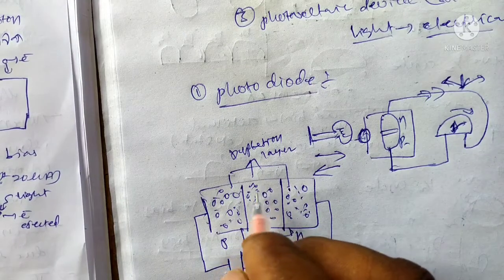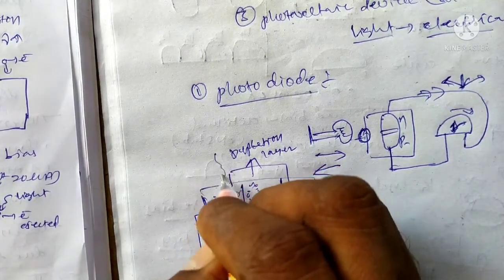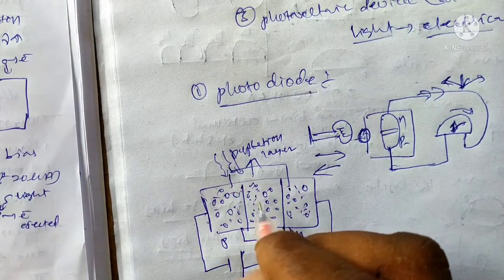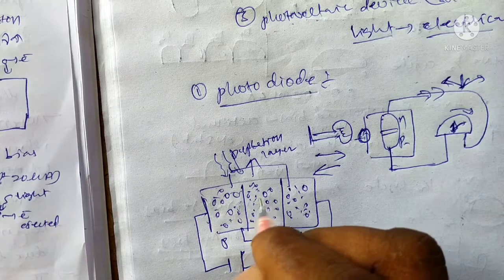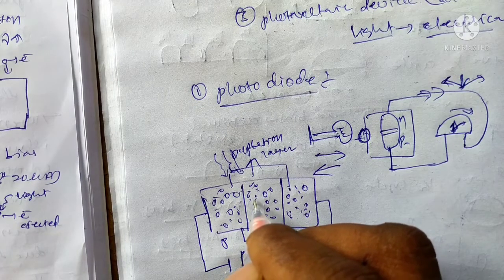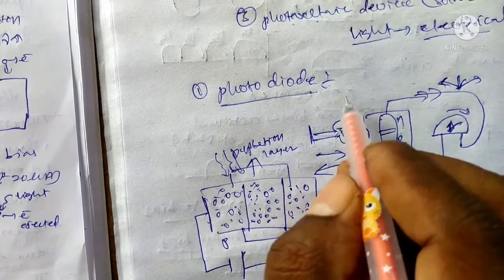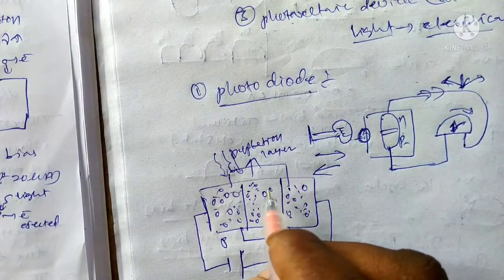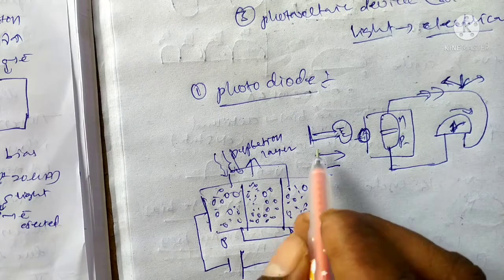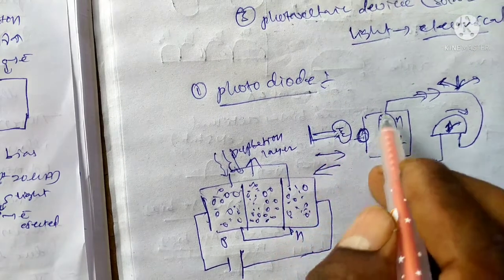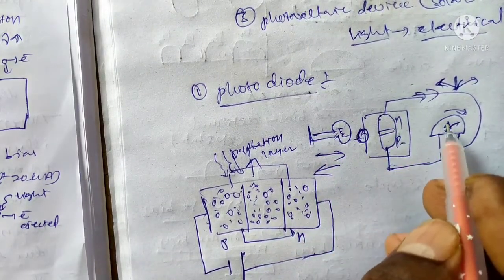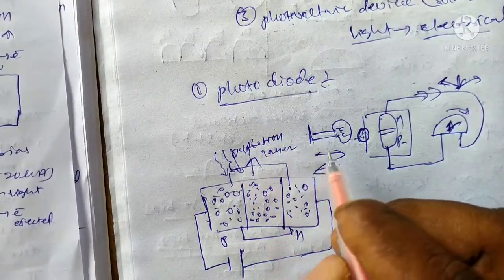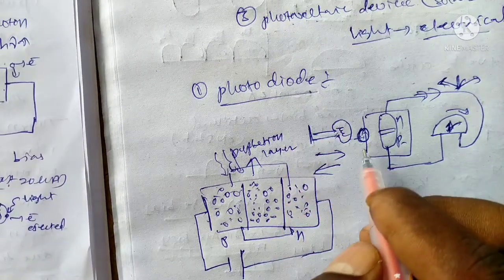When light falls on the depletion layer, it can create electron-hole pair generation. The light energy is absorbed and converted into electrical energy. In the case of a photodiode, it can detect signals.